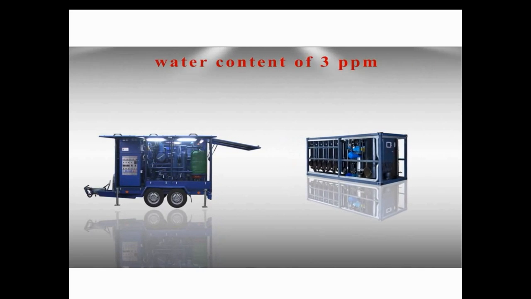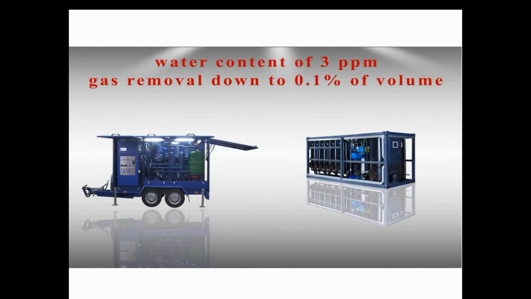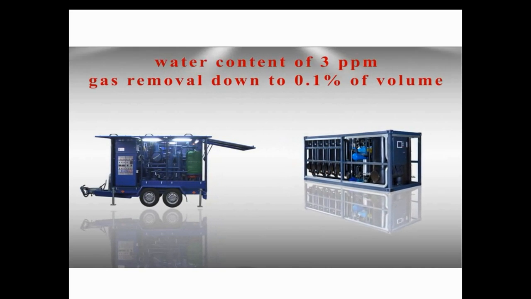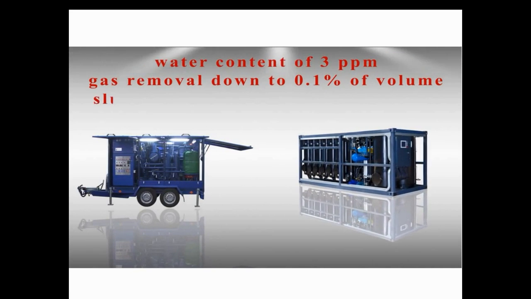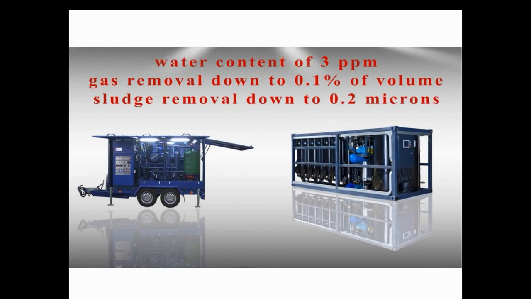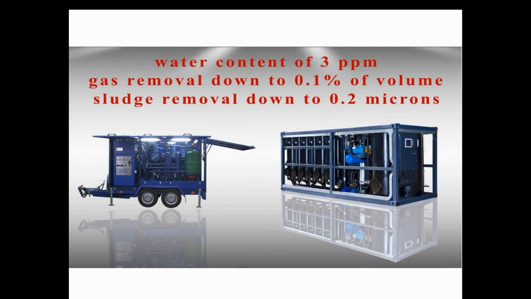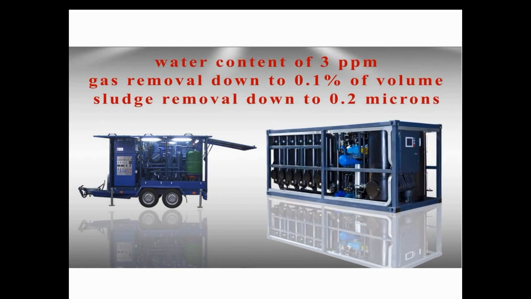There are different techniques in oil purification business, but vacuum dehydration is an internationally accepted way. Obviously, the reason is we need to get water content of 3 ppm in some transformers, as well as gas content of only about 0.1% of volume and sludge content of about 0.2 microns.